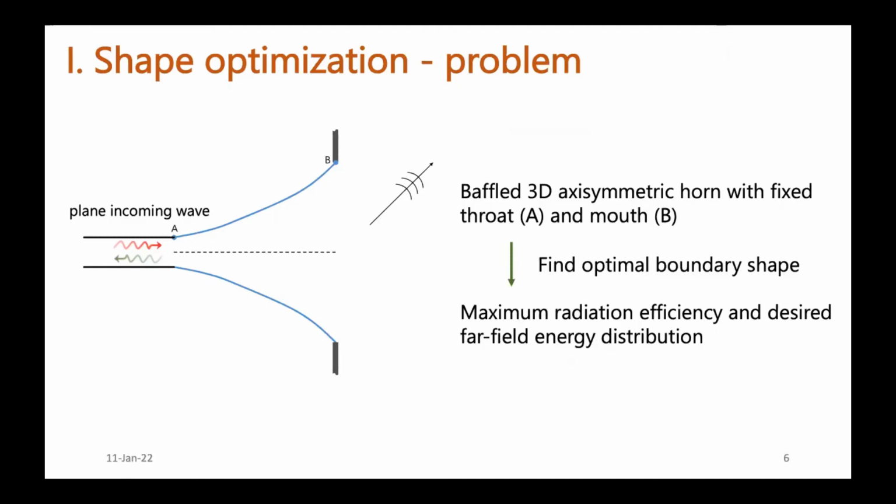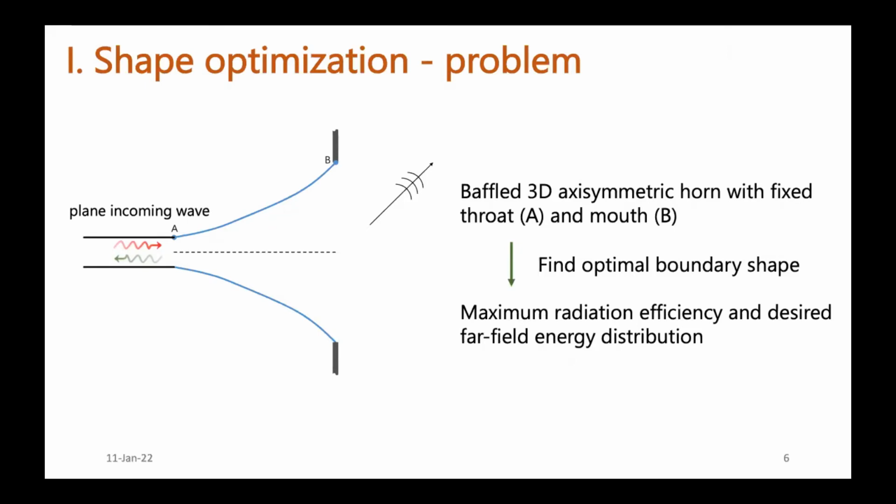And first, let's see the problem. We consider a baffled 3D asymmetric horn with fixed throat. The throat is a narrow input end of the horn, and a fixed size mouth at B. The mouth is a larger part, the output part of the horn.